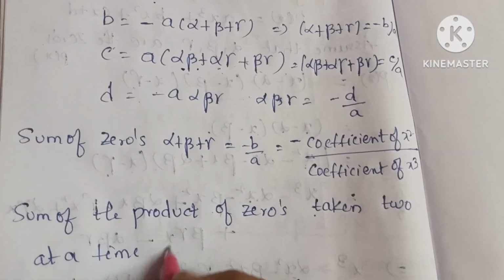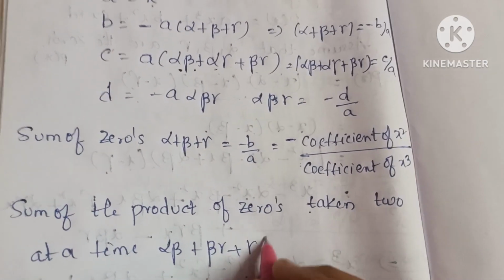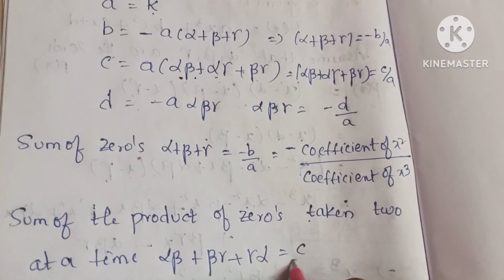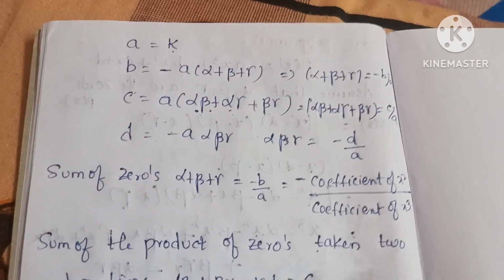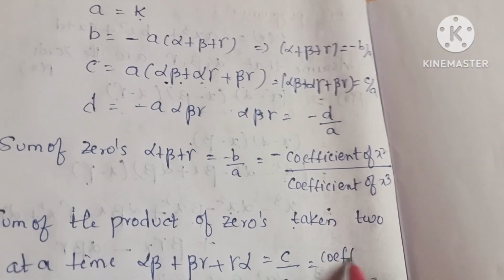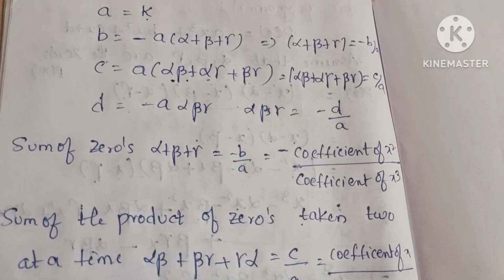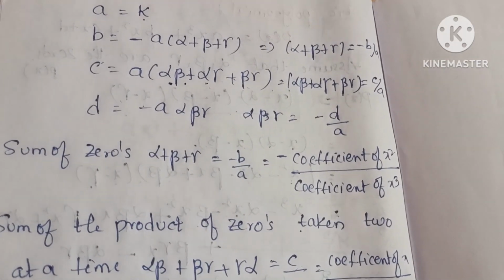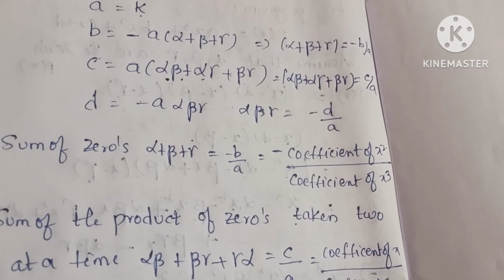So here alpha beta plus beta gamma plus gamma alpha equals c by a. Here c means coefficient of x. Coefficient of x by a means coefficient of x cube.